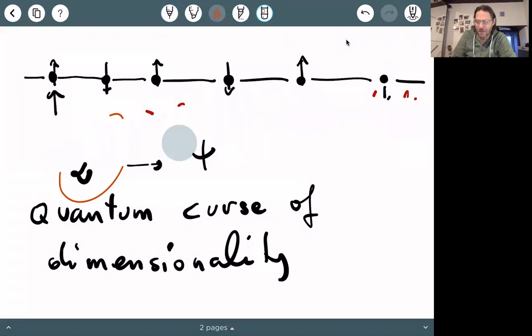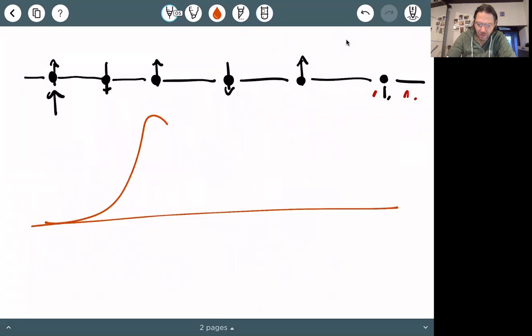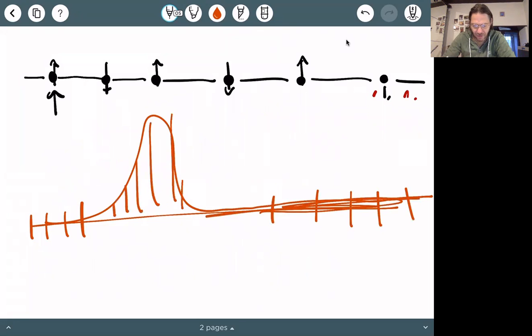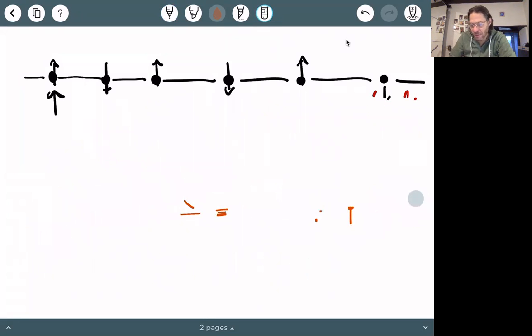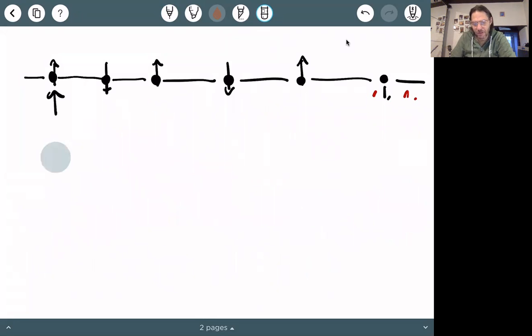Just as an analogy, I have a wave function that is strongly concentrated in this point. There's no point in putting mesh points here, here, here, if the function is 0 here, right? All you need to do is put points where the function is actually not 0. By the same analogy, there are many of these quantum combinations of spin up and down, for instance, that maybe in some physical system are never visited.